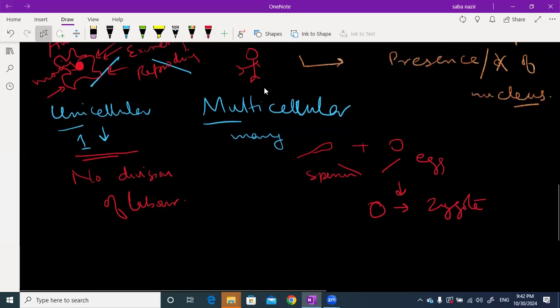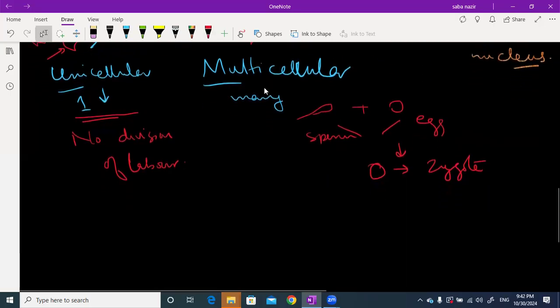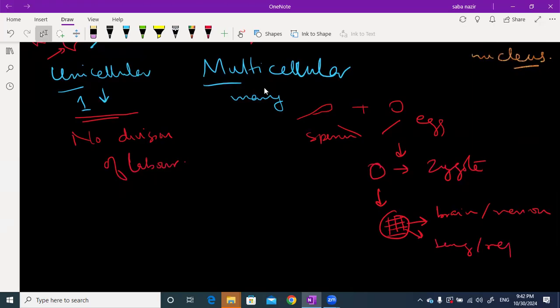This zygote keeps on dividing repeatedly into a ball of cells. Some of the cells become the brain and the nervous system. Some of the cells become the lungs, the respiratory system. Some of the cells become the reproductive organs.